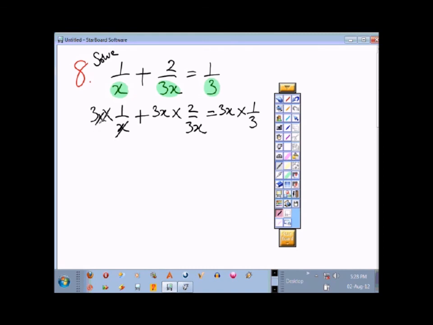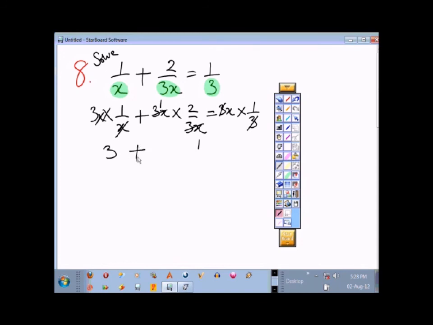Now here, this x cancels this x. The 3x here cancel each other, and 3 cancels 3 out. So that we have 3 times 1 here to give us 3.